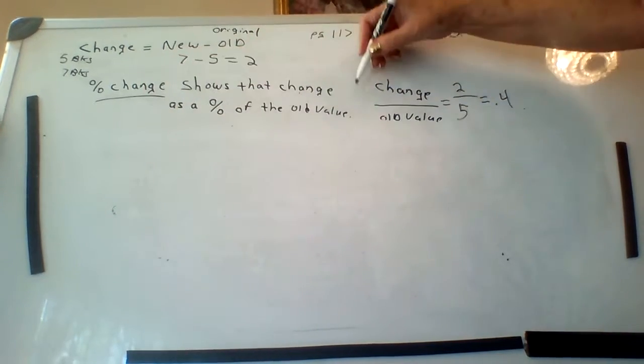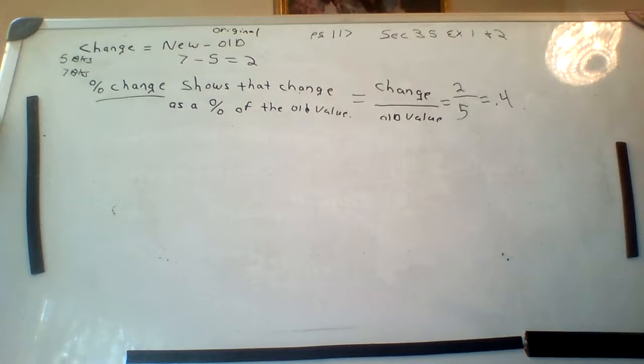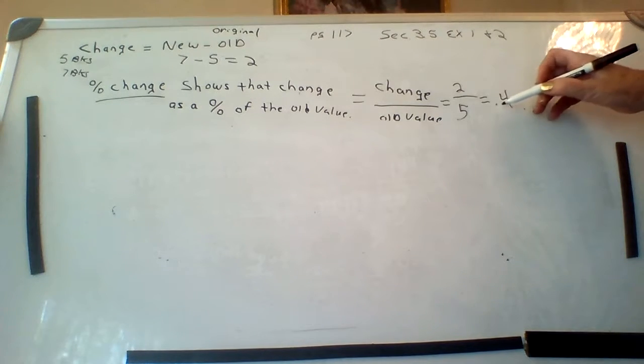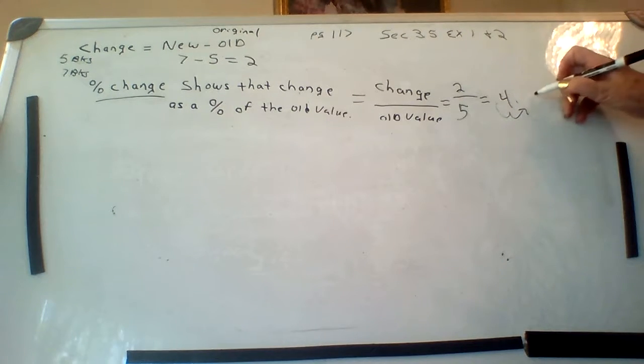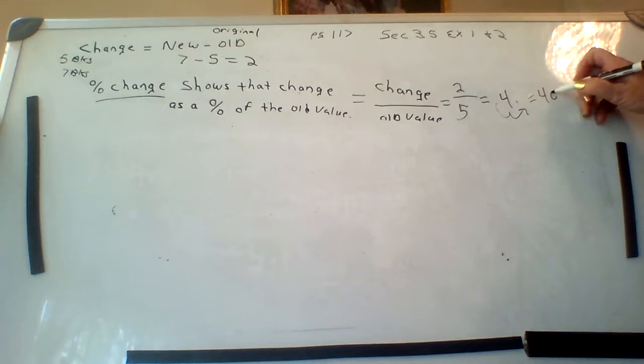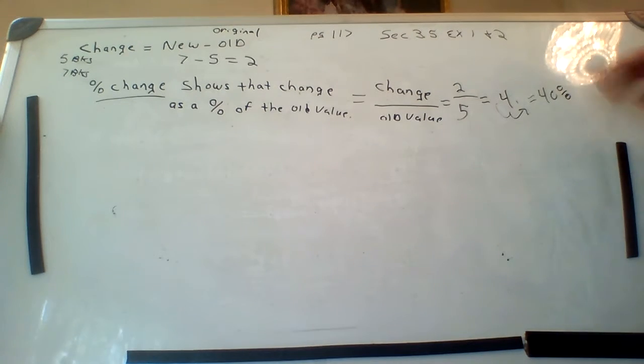So we're going to move our decimal over 2 places and add a 0. When we do that, we get 40%. So the change was 40%. As far as we got 40% more books. That is the amount of change over the original.